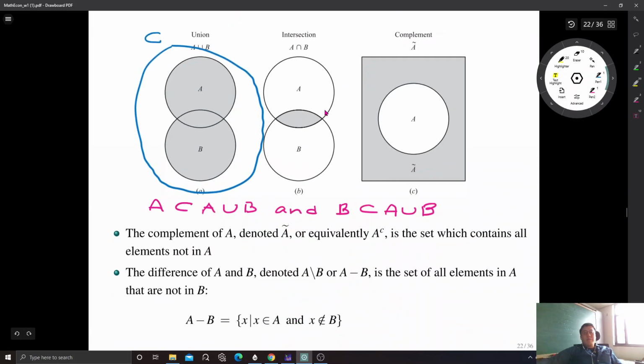Here is the diagram displaying the intersection of A and B. The shaded area is a subset of A, and also a subset of B. Let me write this: A intersection B is included in set A and included in set B, right?